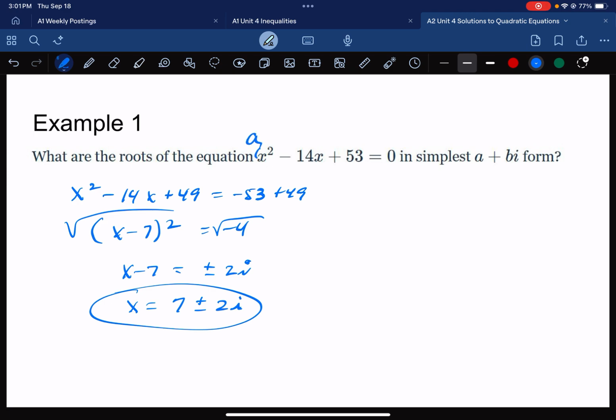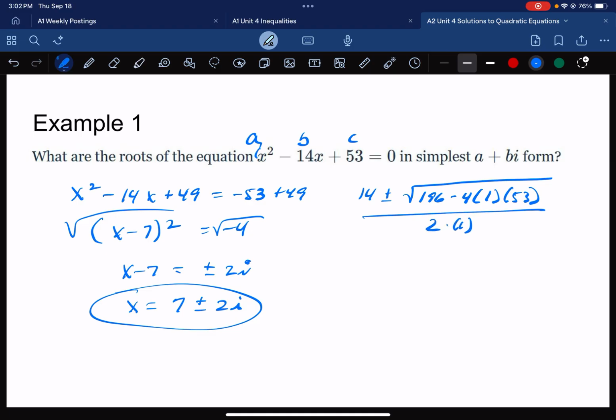Now, if we wanted to use the quadratic formula instead, we've got the a is 1 here. There's our b, and there's our c. So we'd have opposite of negative 14 is 14, plus or minus the square root of 14, 196, I think, is 14 squared, and 4 times a is 1, and c is 53, and all over 2 times a, which is 1.